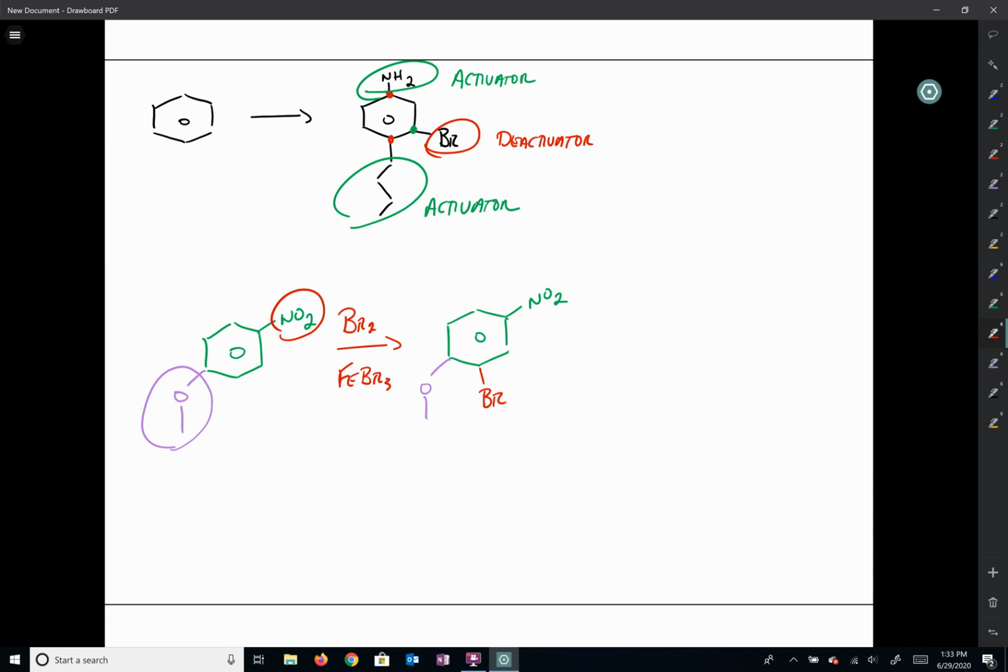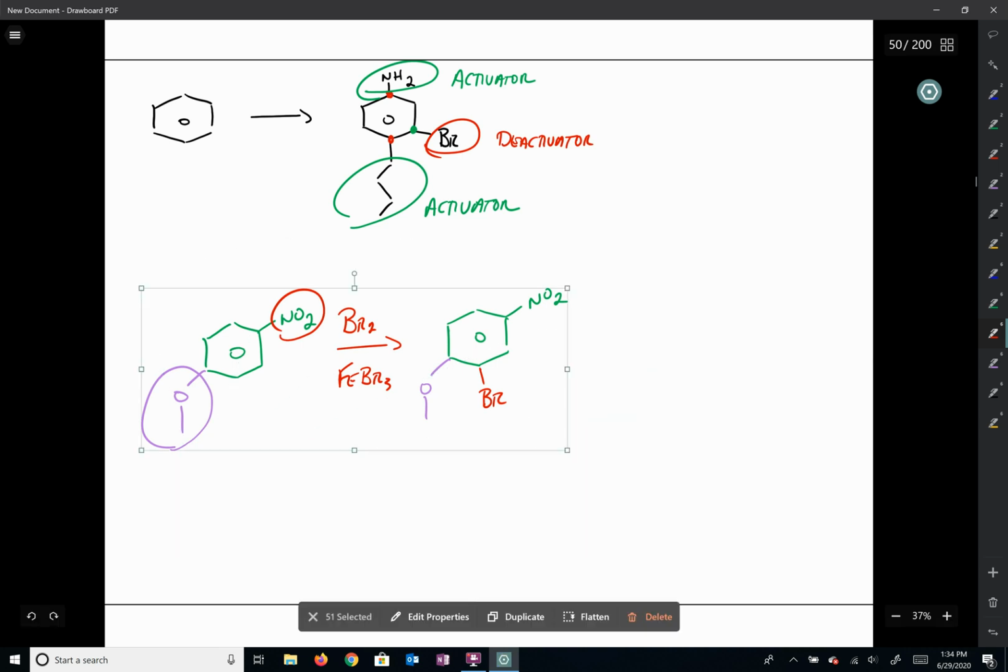So the nitro group is going to deactivate, but we do have the anisole there, the methoxy derivative, the ether, which is a strong donating group, which will activate the ring towards electrophilic aromatic substitution. Does that make sense? So it's a balancing act, right? That's all I'm saying.